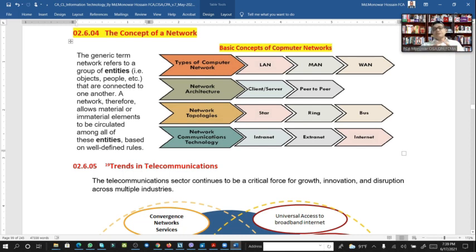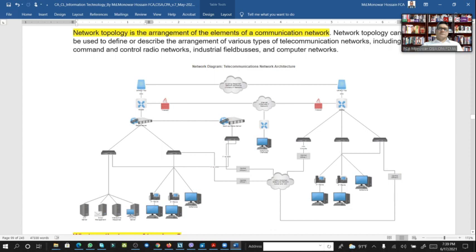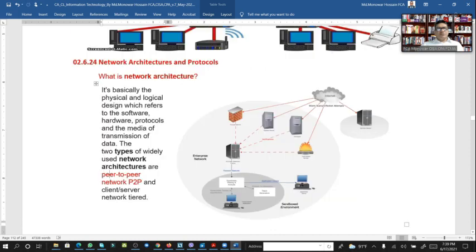Types of computer network: LAN, MAN, WAN. And we are discussing network architecture. Here there are basically two types of architecture: client-server architecture and peer-to-peer architecture. So this is the network architecture.